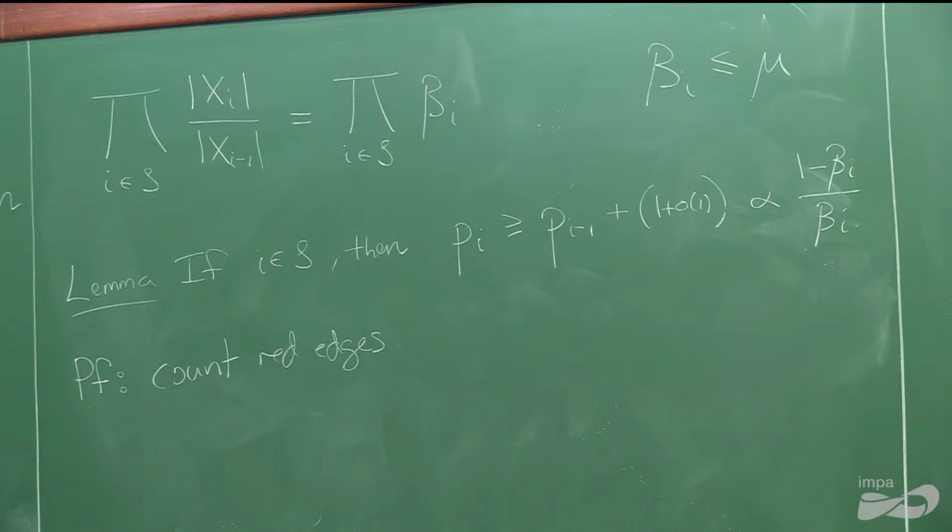The slightly frustrating thing about this proof is that if you write it out, it looks more technical than it is, but really nothing is happening in this lemma at all. We're just counting. But where does 1 plus little-o of 1 come from then? Sorry, so the error is here.